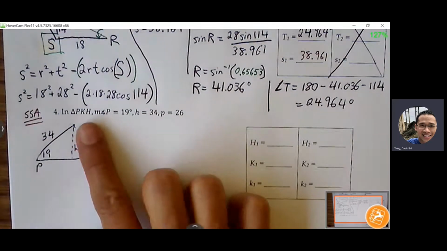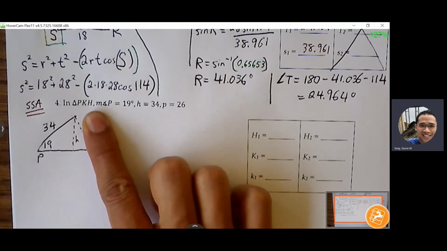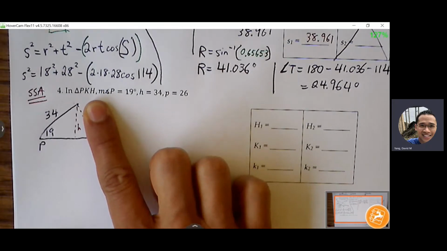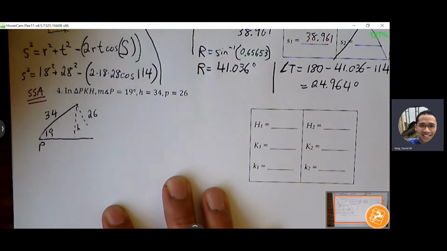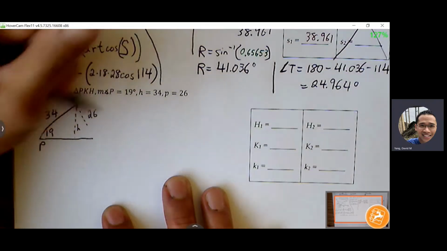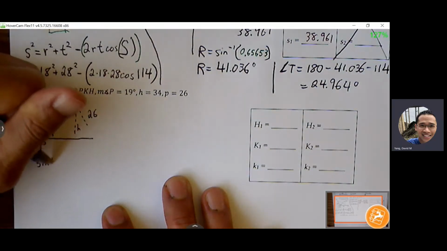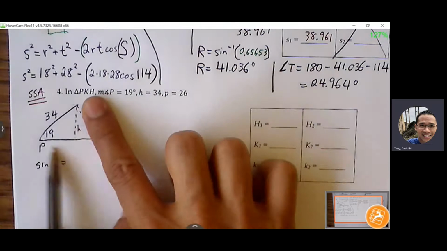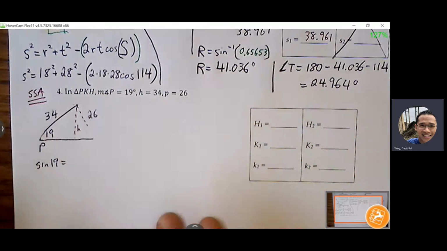Okay. So use sine to solve for h. Sine equals opposite over hypotenuse.